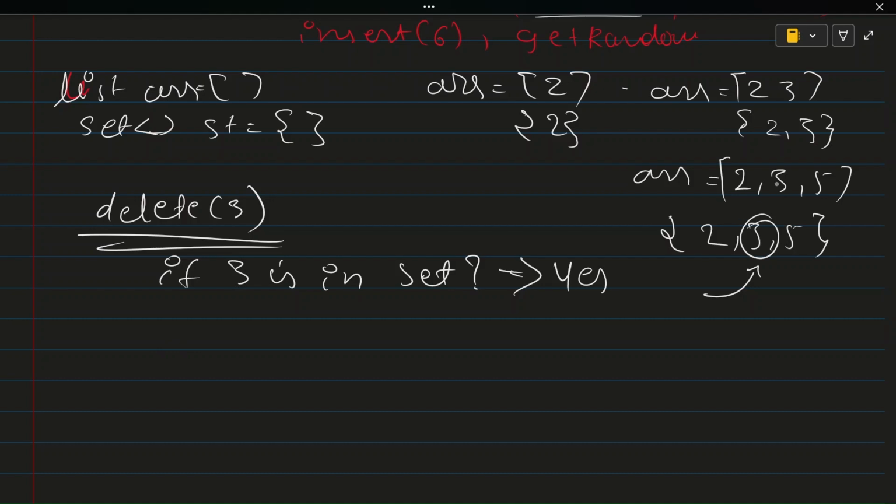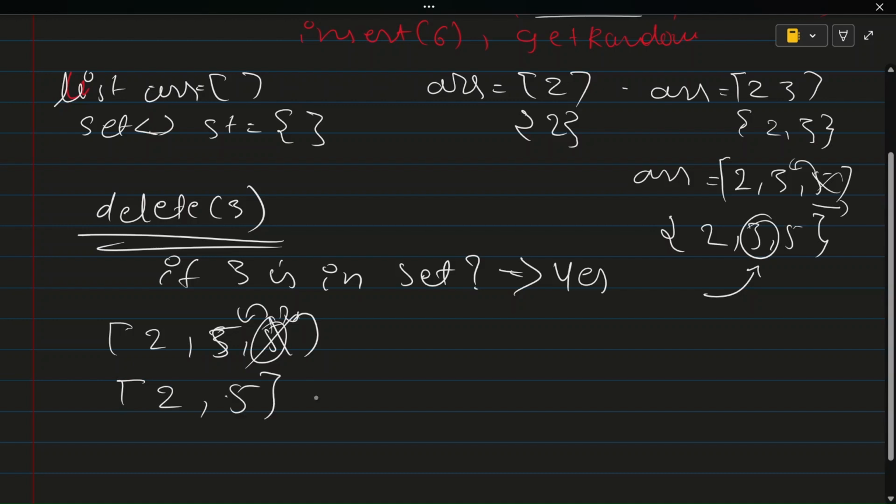What we can do is copy 5 here, then we move to the last element and we remove the last element. That is, we had 2, 3, 5. We copy 5 to the position of 3, so this becomes 5, and then we move to the last element and remove it. So now currently it becomes 2 and 5.